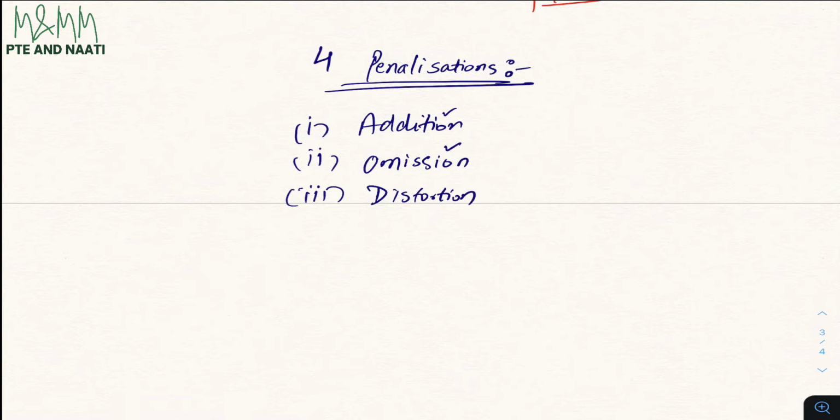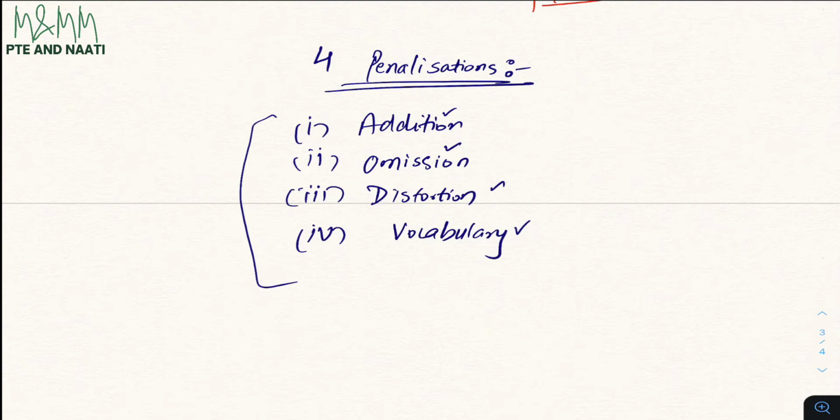Third one is distortion. And fourth one is vocabulary. After these 4 things, there are still many things afterwards that will penalize you, such as your fluency, your grammar, your cohesion, your way of structuring the sentences, and many more things. Your volume, your clarity, your intonations, your rhythm, many more things. But these 4 are the major contributors.